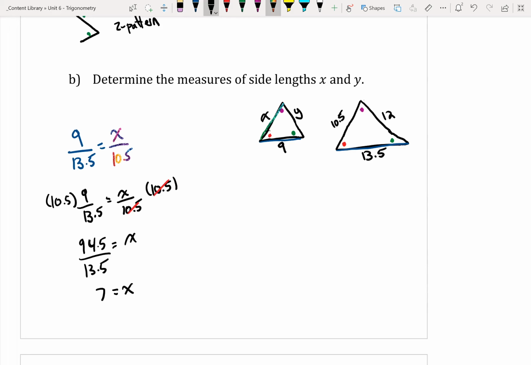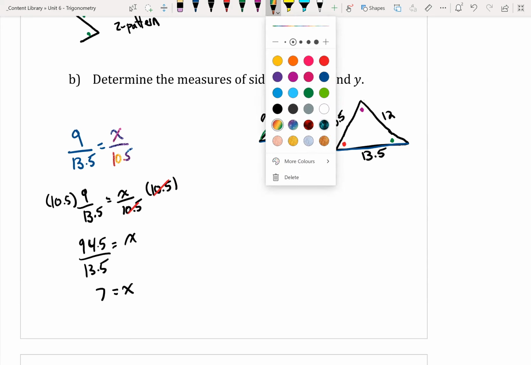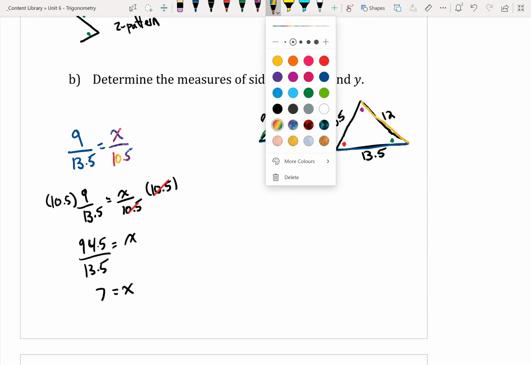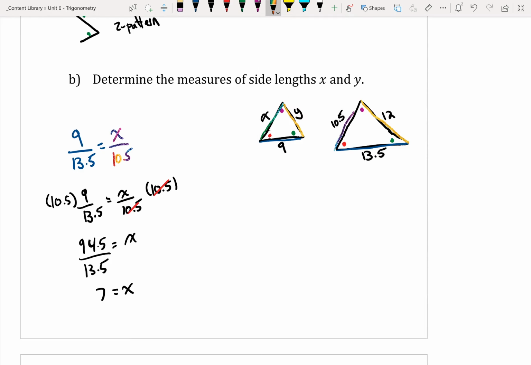Now the next one, I'm going to get a different color. So we're going to look at these two corresponding sides here. Oh, sorry, I missed the one on the large triangle. So rainbow and rainbow. We're still going to use that initial pair that we know, so the 9 over 13.5.